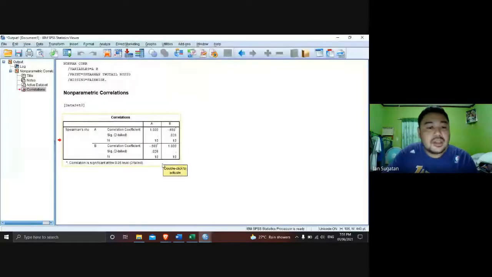So they're the same. Other than that, guys, what we used is not Pearson's r. Instead we're using Spearman's rho for the non-parametric test. So just remember that.